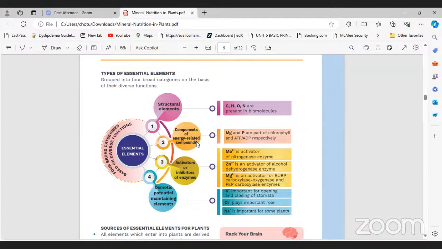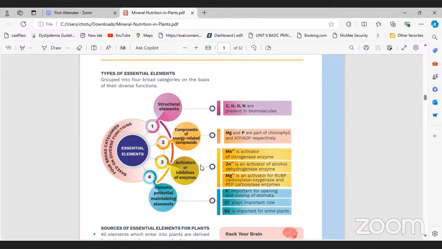The second one, components of energy-related compounds. Magnesium and phosphorus are part of chlorophyll and ATP, ADP respectively. The third one, activators or inhibitors of enzymes.